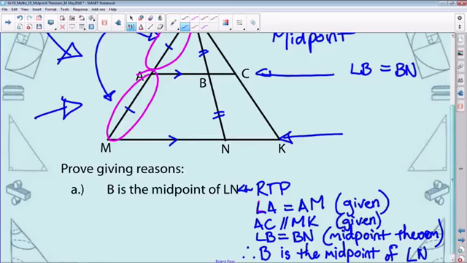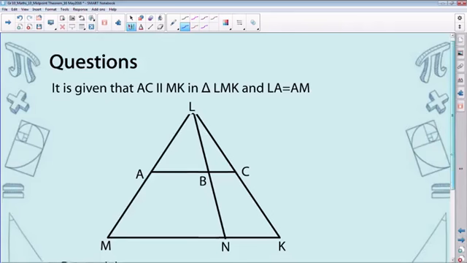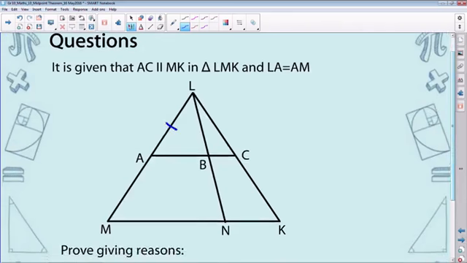So that means the midpoint theorem does apply, which means that B is the midpoint of LN. Not bad at all. So we know that those two sides are equal, those two lines are parallel, and these two sides are equal to each other.